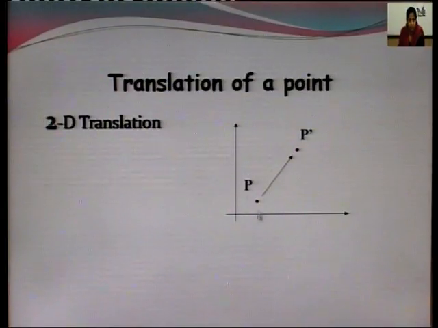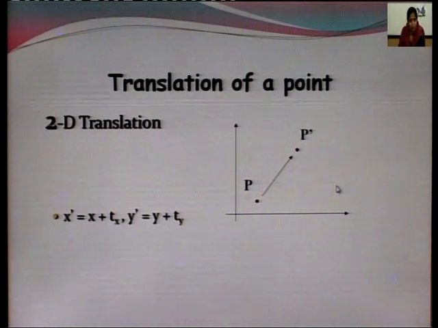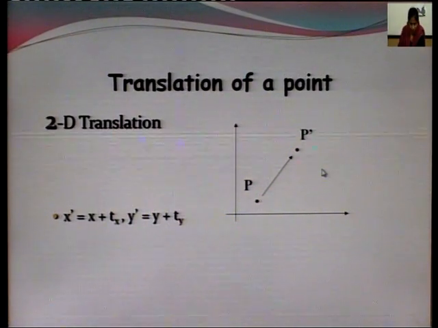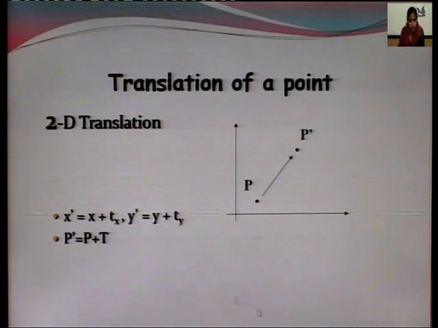For example, we want to translate point P to a new point P dash. So, how? Let us say x and y are the coordinates of the original point P and x dash, y dash are the coordinates of the new point. To perform this translation, we need to know the distance between x dash and x, and y dash and y.